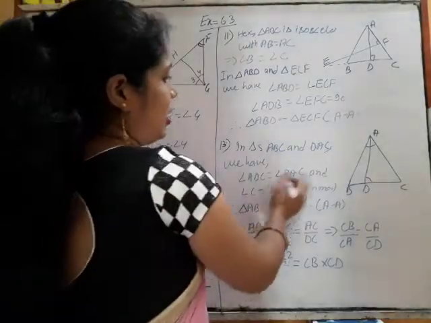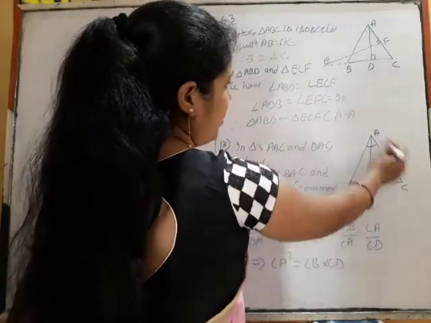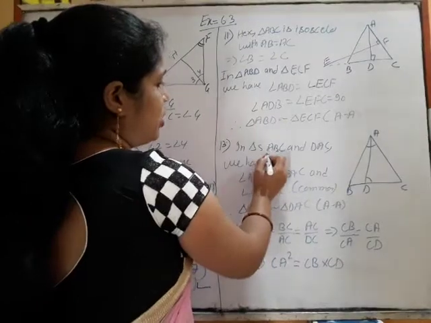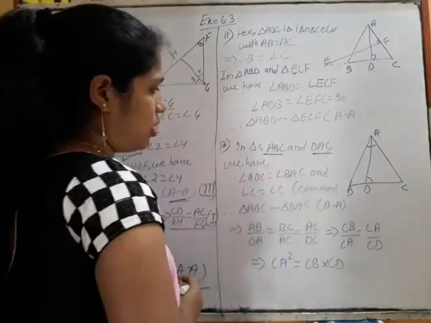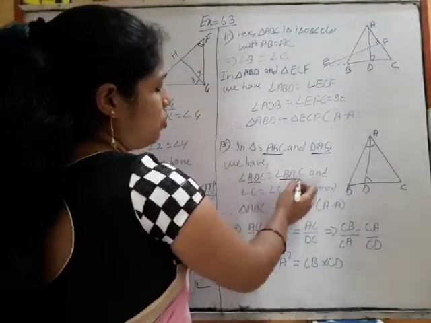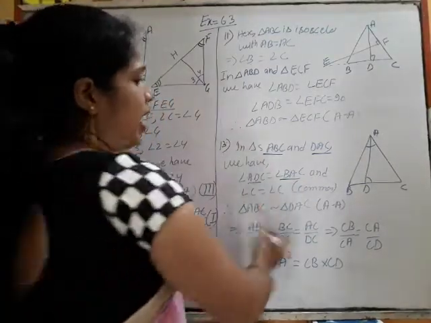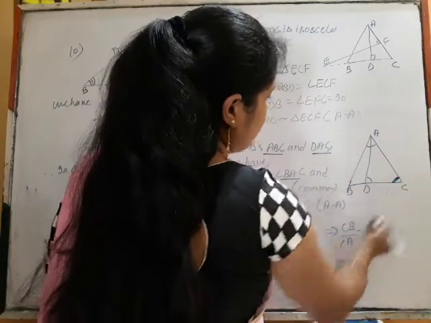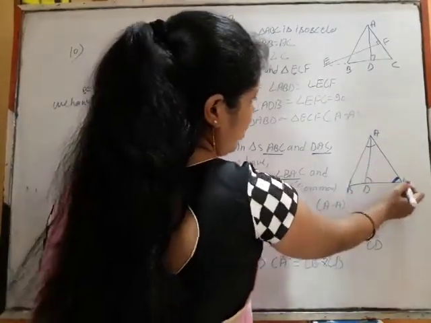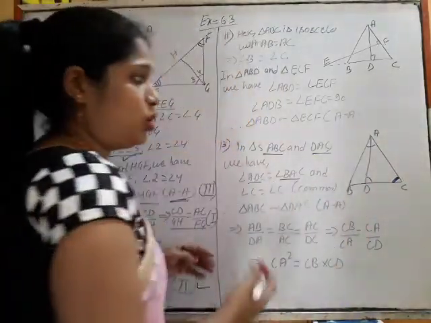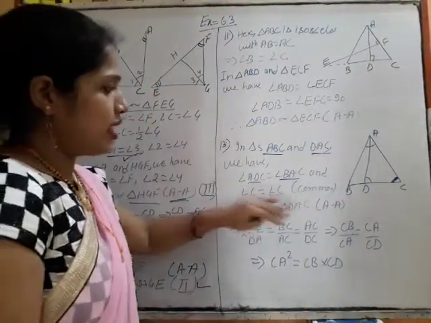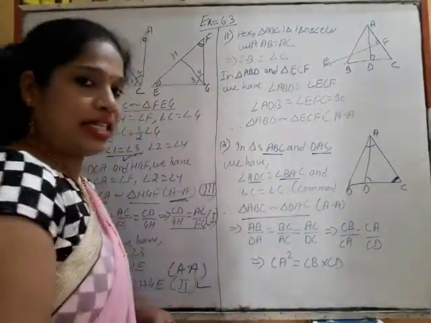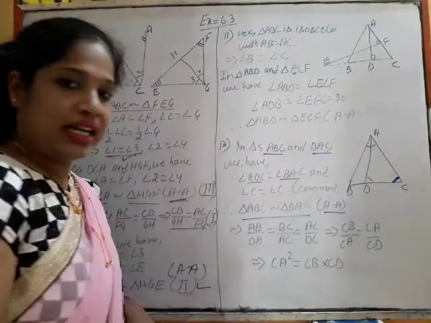In triangles ABC and DAC, angle ADC is equal to angle BAC, which was given, and angle C is common to both triangles. So we can say that triangle ABC is similar to triangle DAC by the angle criteria.